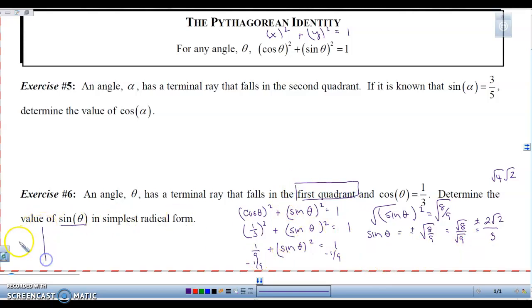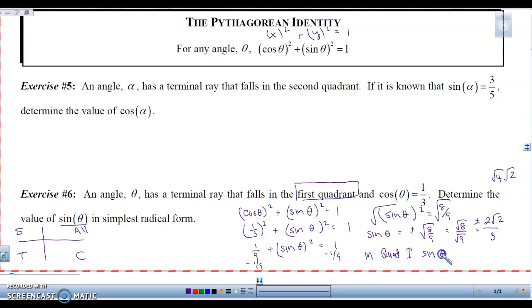So remembering for sine, A, S, T, C, remember the first quadrant is A, that means all positive, because both the x and the y coordinate, when you do the unit circle in this, will be positive in the first quadrant. So in the first quadrant, sine would have to be positive.